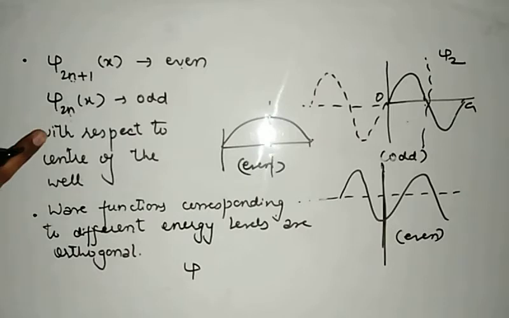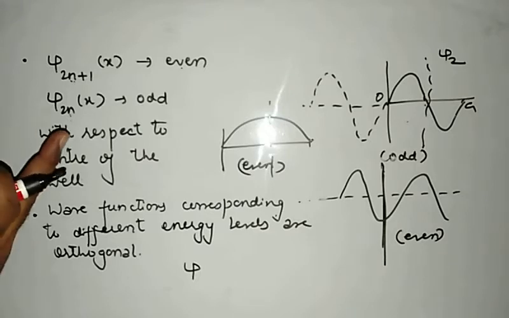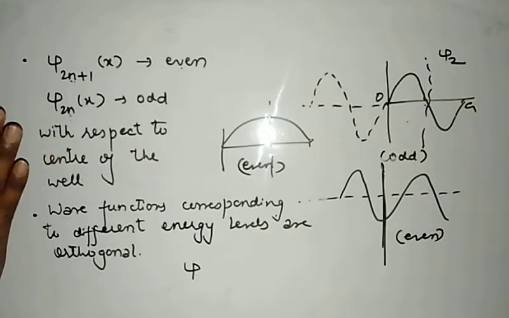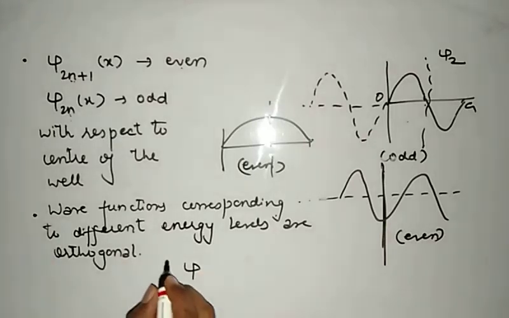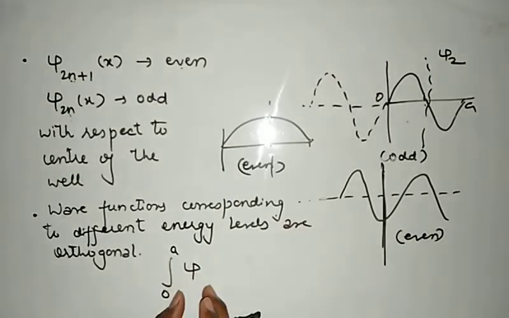So, if you take psi 1 and psi 2, the complex conjugate of one and taking the second one, the integration will be 0.